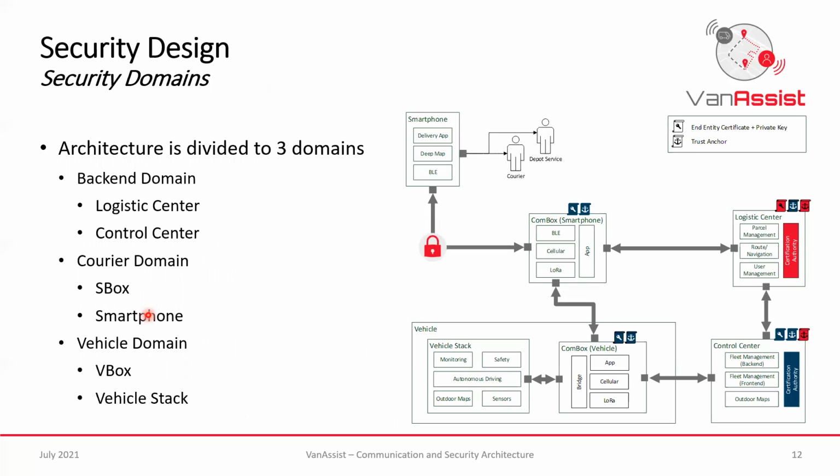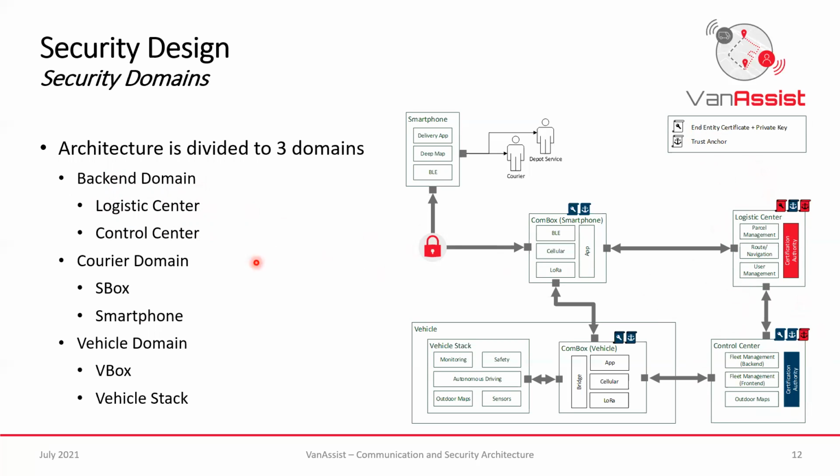Here we want to talk about the security domains of the security system. The overall architecture of the WAN Assist is divided into three different domains. First we have the backend domain, which consists of the logistics center and control center. As you see here, you can also see the trust anchors and the certificates and private keys that show which entity can authenticate which entity.